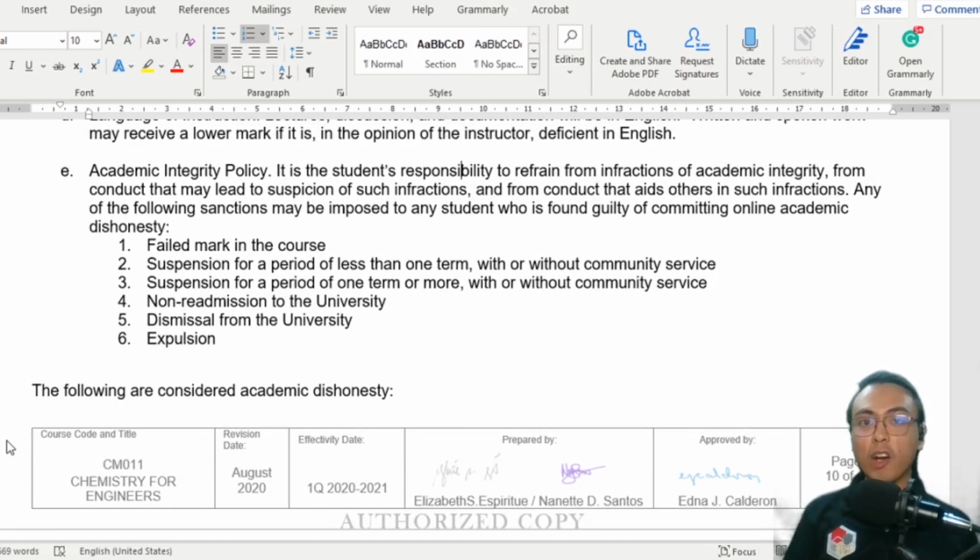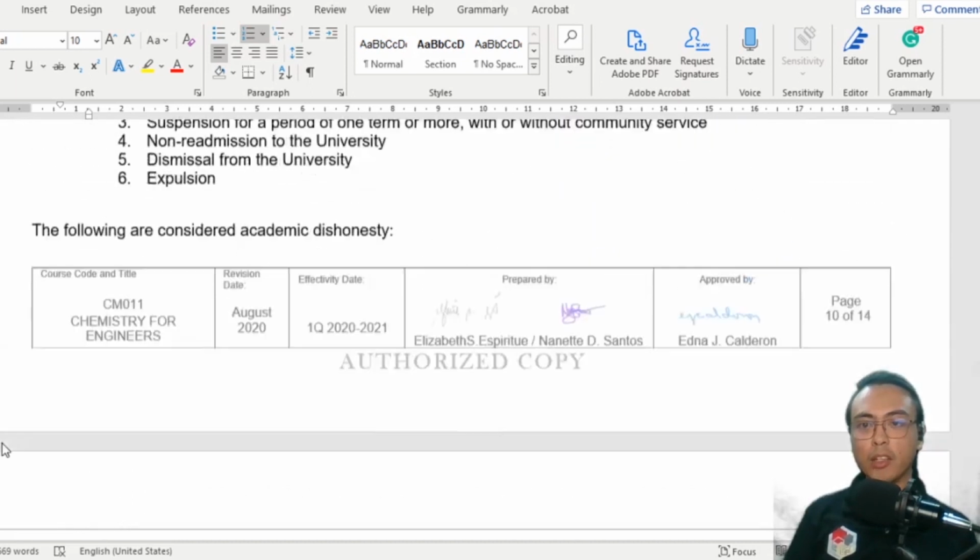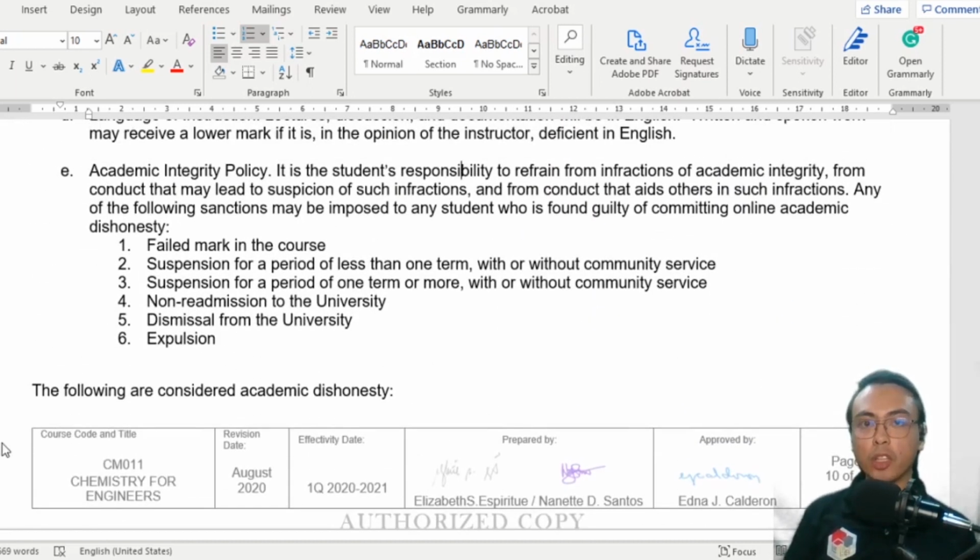As early as now, I must warn you, I'm very adept at looking for signs of cheating in exams. So even though it's easy to cheat during online exams, it's even easier to spot those who are cheating during online exams. I will not hesitate to give you a failing grade if you are found guilty of cheating. So kindly read section E here. Okay? Kindly read our academic integrity policy.